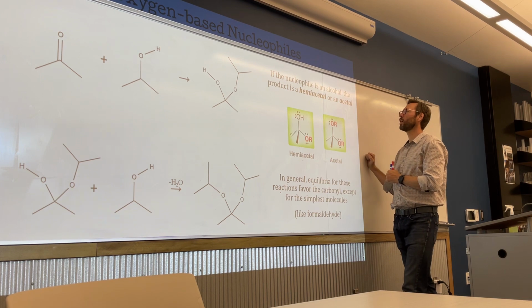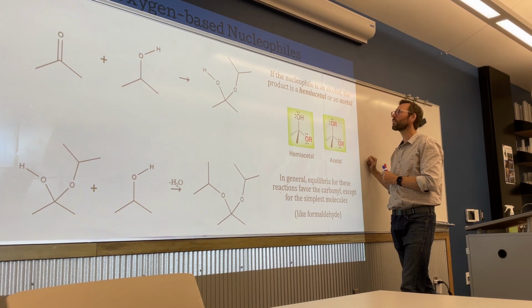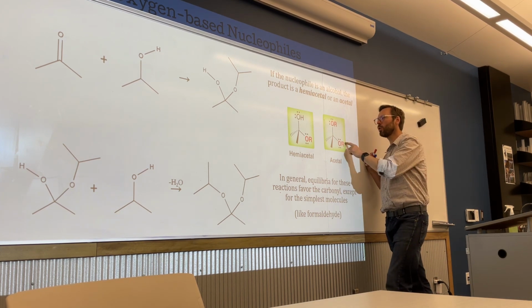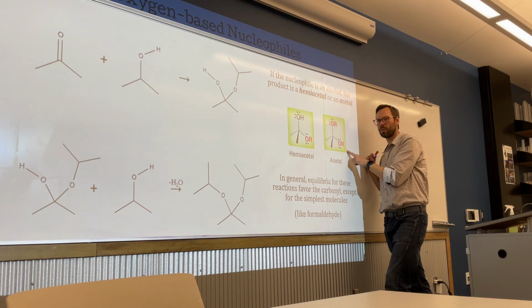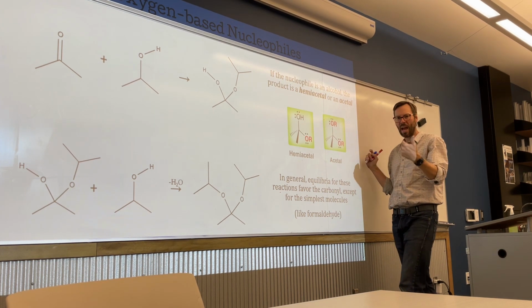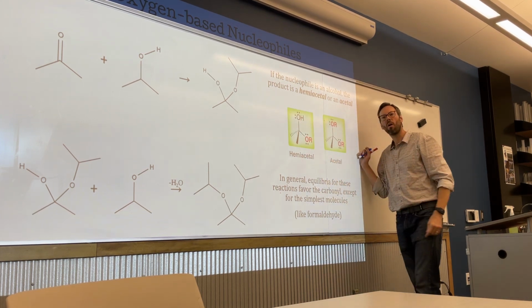Acetal sounds kind of weird, but if we call it acetyl, it would be confusing, right? So acetal has essentially two ethers on it. A hemi meaning half, right? Hemiacetal has one ether and one alcohol.